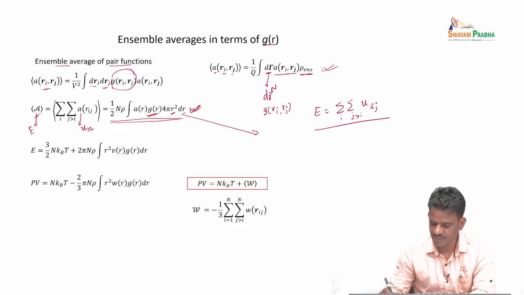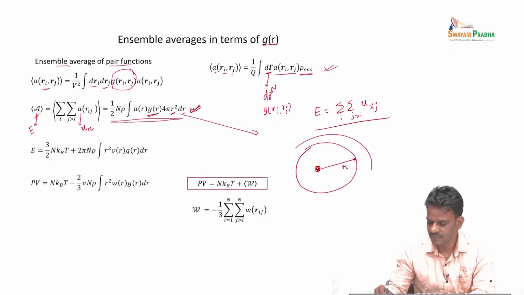What it basically says is you take one particle and go up to a particular distance r, and then there is a spherical shell at a distance r to r plus dr, and there is going to be a certain number of particles here.